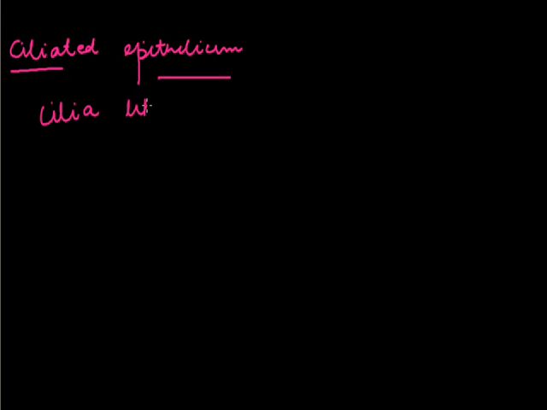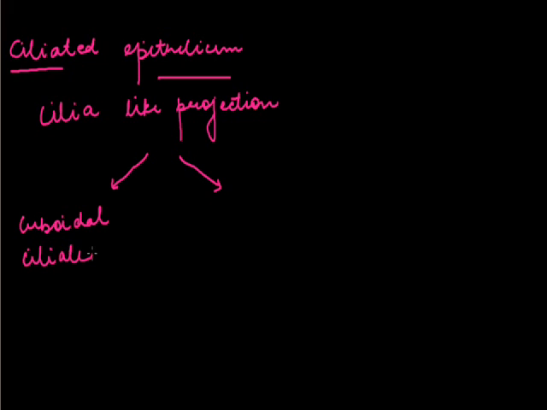Now coming to the fourth, the ciliated epithelium. Here also, as the name suggests, it has cilia-like projections on the surface. They are further divided into two categories: cuboidal ciliated epithelium and columnar ciliated epithelium. Now I'll explain the diagram.